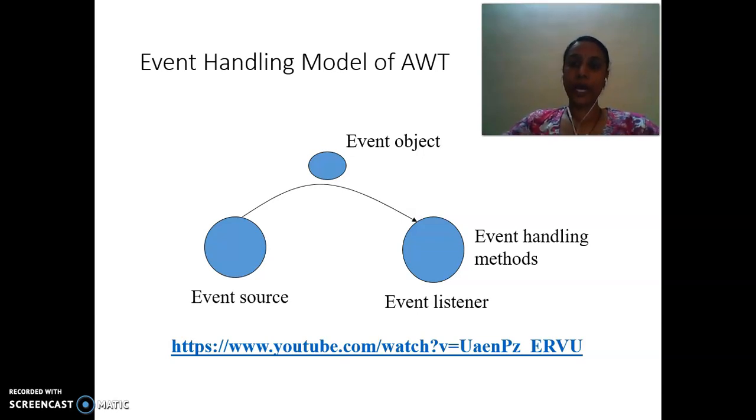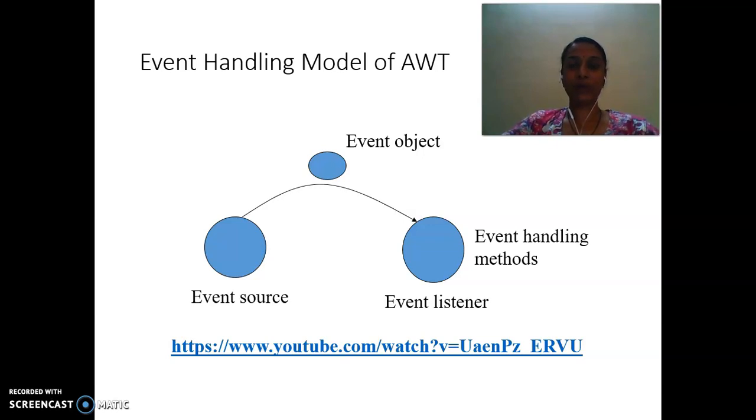So whenever the user clicks on the button, your program should listen to the event and wait for it to occur. Wait for the user to submit his details and then click the OK or submit button. Then your program has to capture that action and process the event accordingly. That process is what we are now going to learn: how we handle these events.